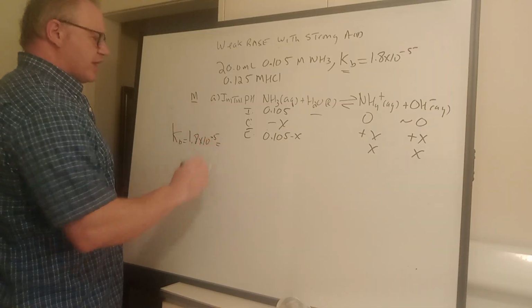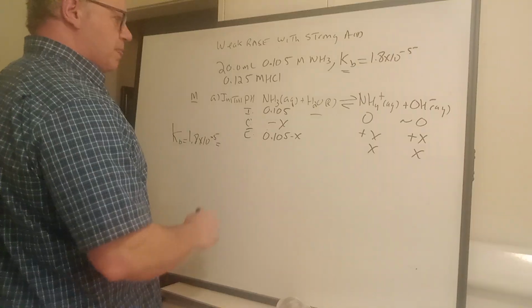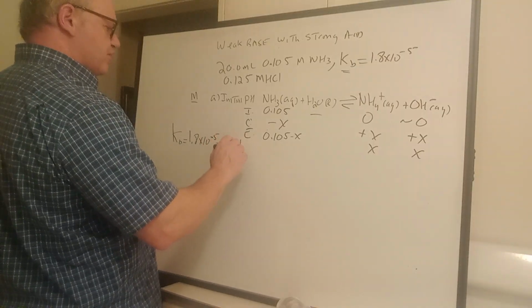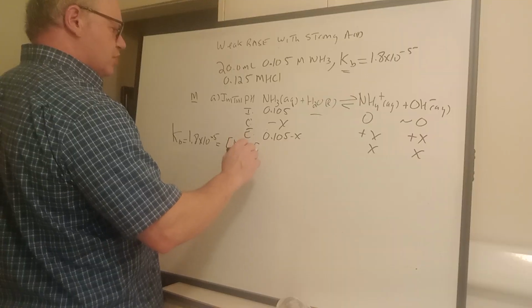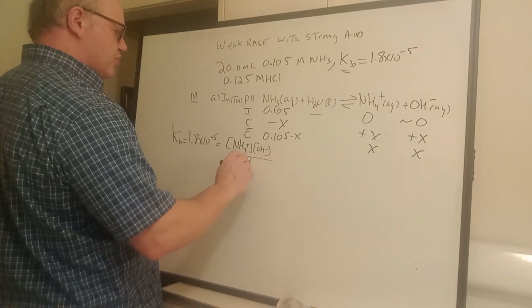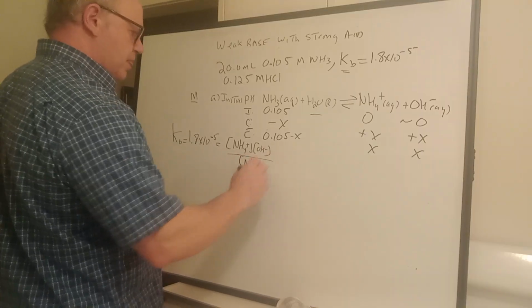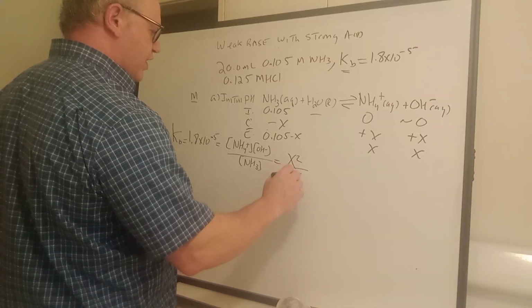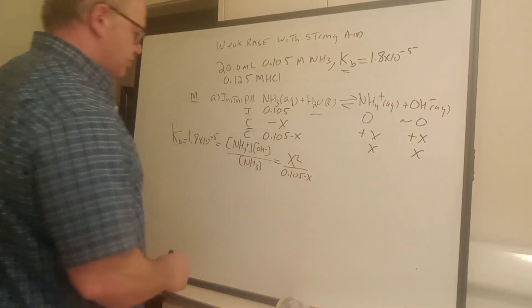I like to write it like that. I always write the chemicals in. I would write in products, NH4 plus, OH minus, and you ignore the water in the denominator, so it's just NH3, products over reactants. We've got an X squared over 0.105 minus X.